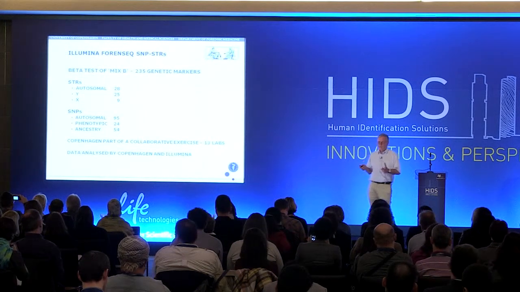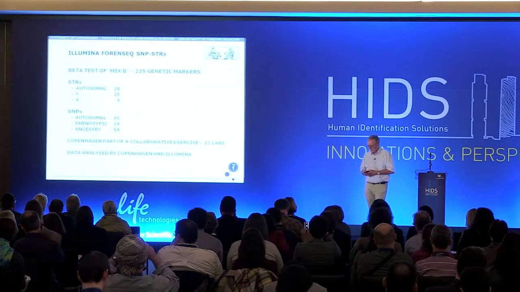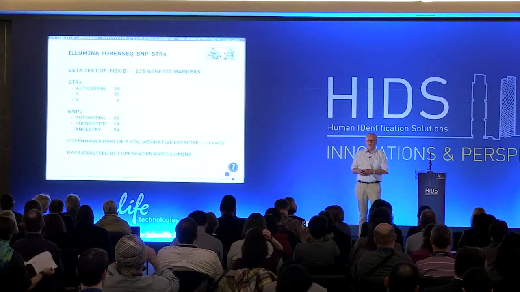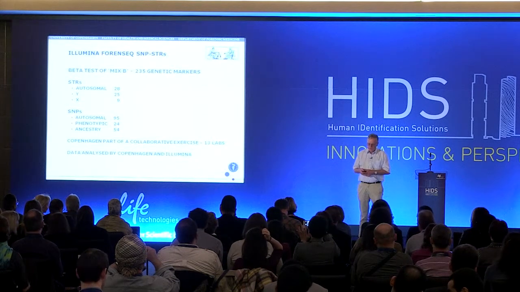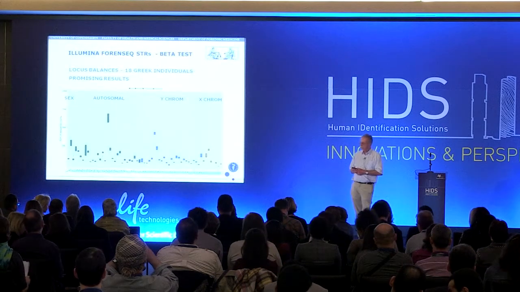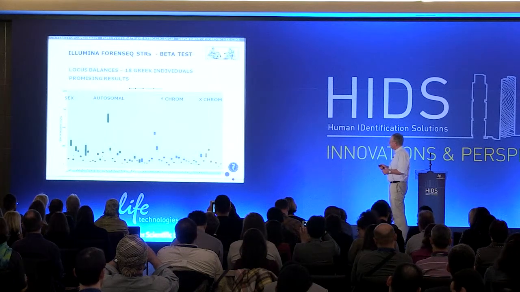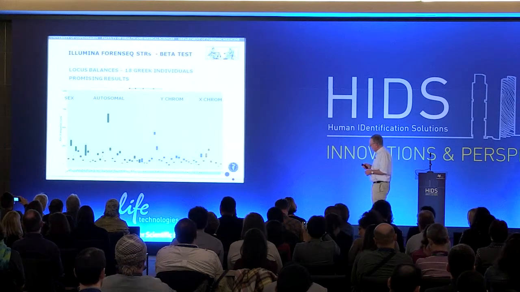And these data have been analyzed by Illumina, and among others, Copenhagen. We analyzed our own data, and I'll present some of this. And you can see here that the great majority of the results are very nice.